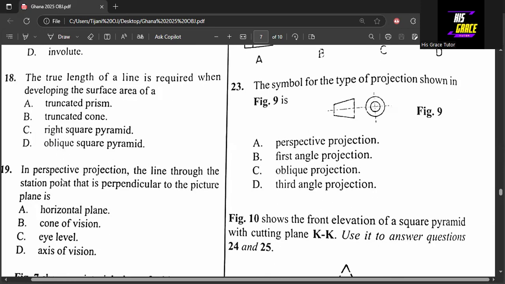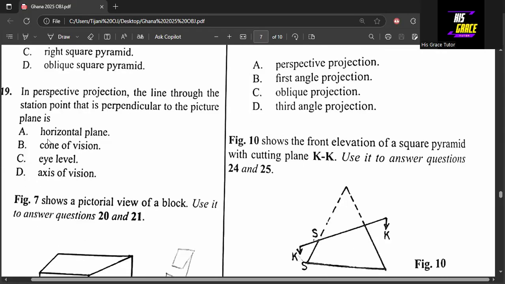Then question 19. In perspective projection, the line projection point that is perpendicular to the picture plane is the horizontal plane. That is the answer. Option A is the answer to question 19.